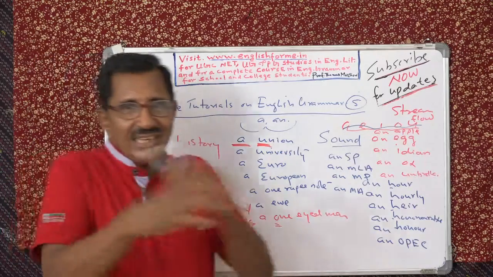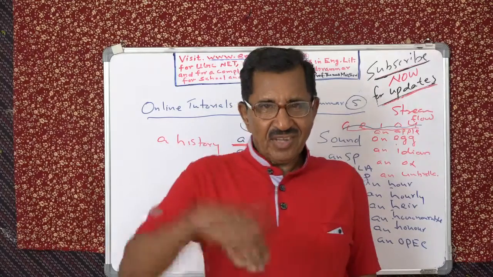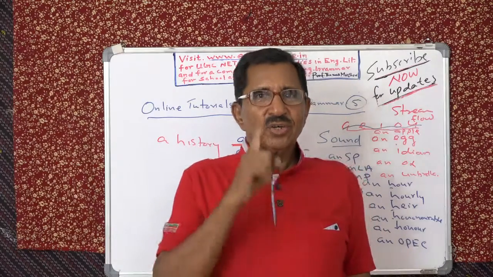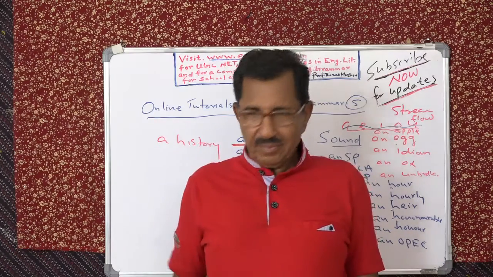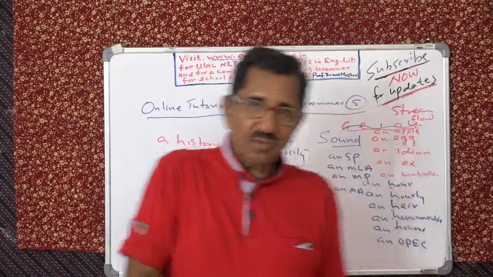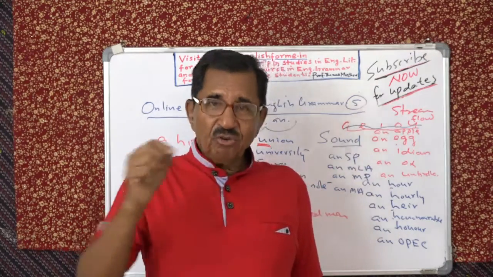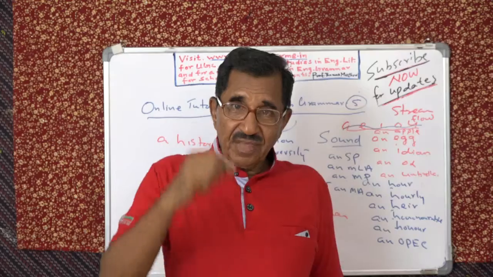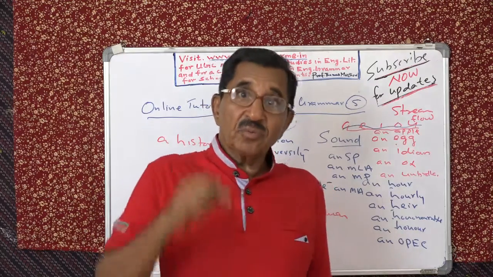So whatever we said in the last class, forget. Now you are revised. What is the revision? Don't look at the letter, but look at the sound. Any word that begins with a vowel sound, even if in writing you find a consonant letter, if that is silent, if the first sound is a vowel sound, you must use an.